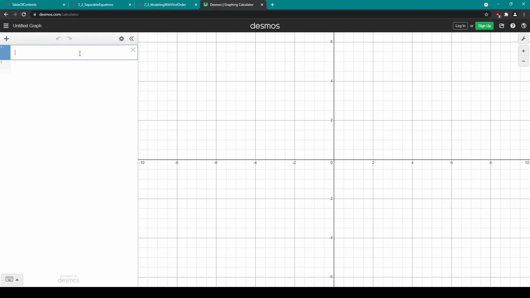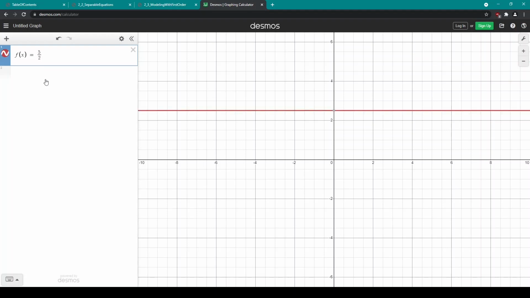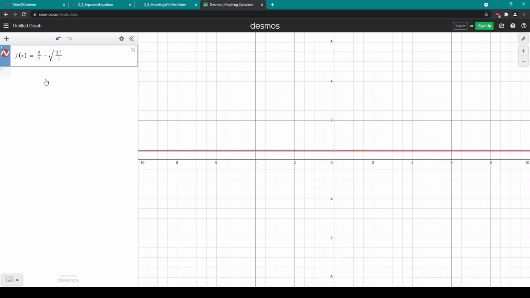Let's take a look at this. We have our function is equal to 5 halves minus the square root of 17/4 minus the exponential of negative x minus the exponential of x.